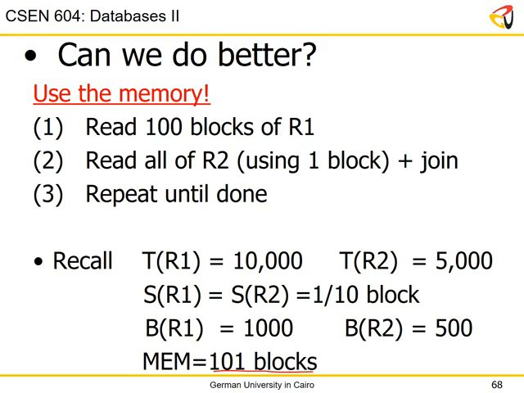And then I will read all of R2 one block at a time and put it in the remaining block. Because I have 101, I used 100, so one is remaining. So I will use the only remaining one for R2. Okay? This will be our strategy, to basically cache the blocks of R1 so that we can repeatedly compare their content against R2.